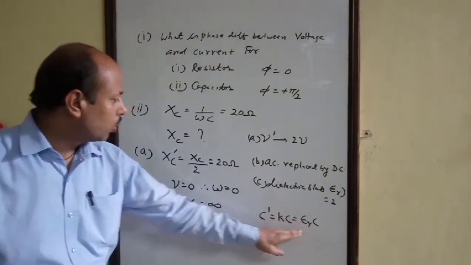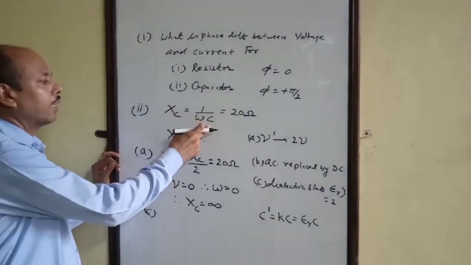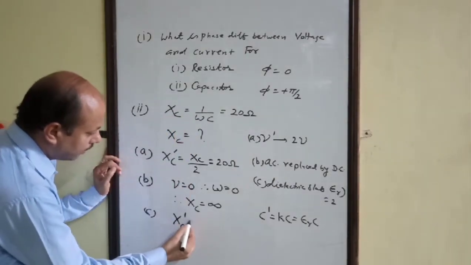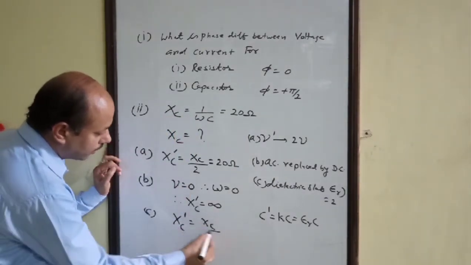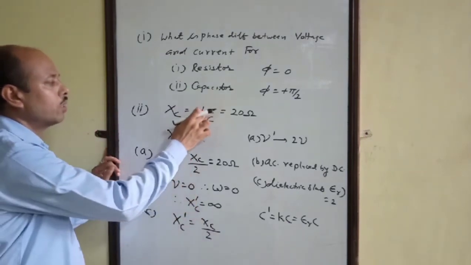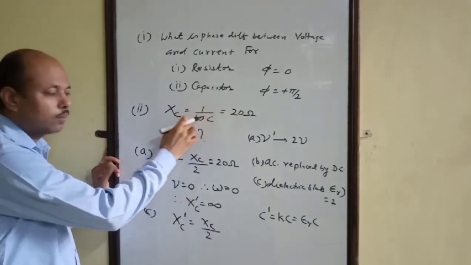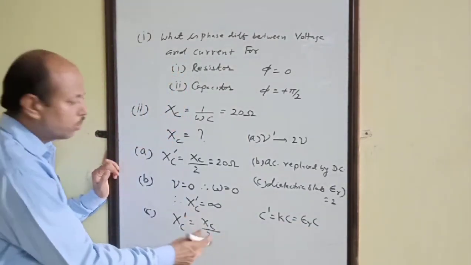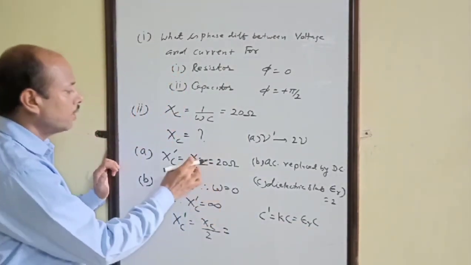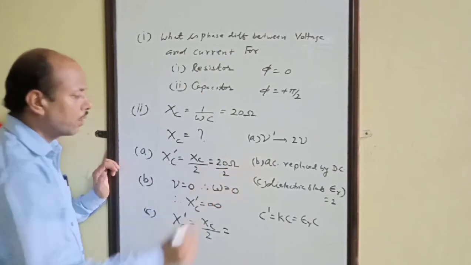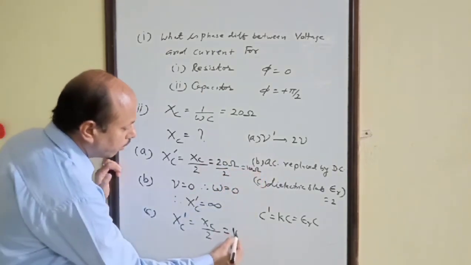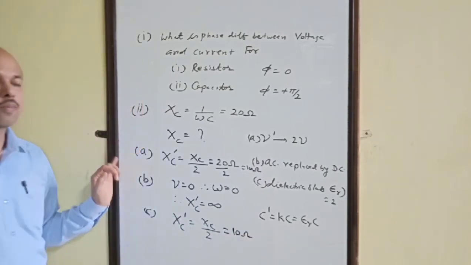Since capacitance becomes 2 times, again Xc becomes half. So Xc dash equals Xc by 2. Why 2? Because in this omega C factor, C becomes double, therefore Xc by 2, that is 20 by 2, or 10 ohm.